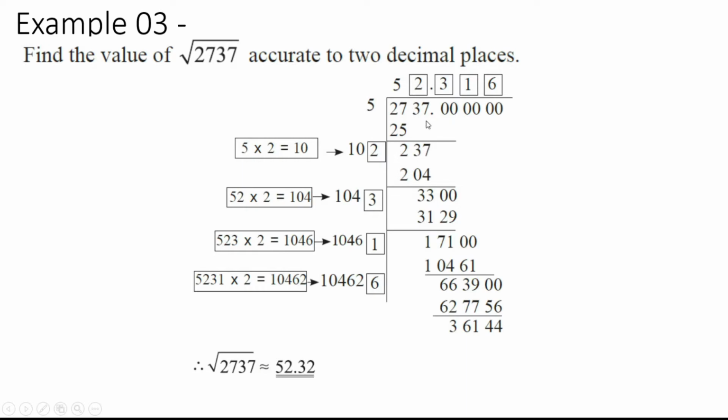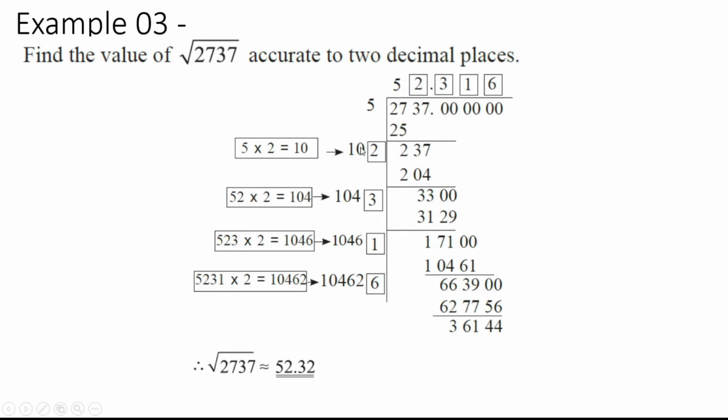Then you bring the next two digits down to get 237 here. Then you have to multiply this digit by 2. 5 into 2 gives you 10 and you have the missing digit. When you take 2 as a missing digit, when you multiply 102 into 2, you get 204.